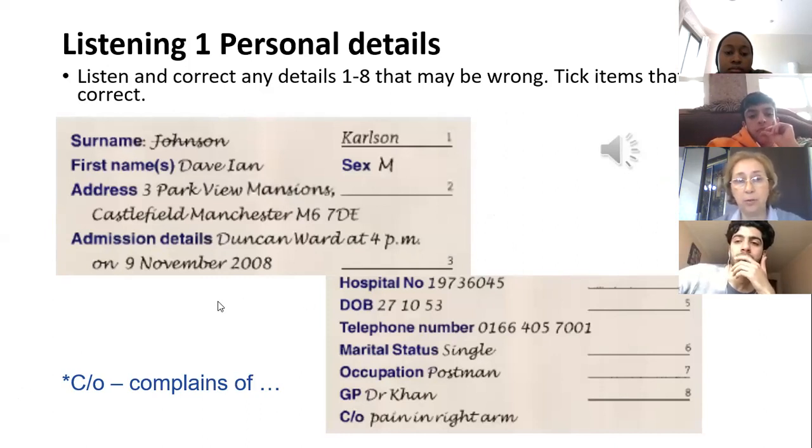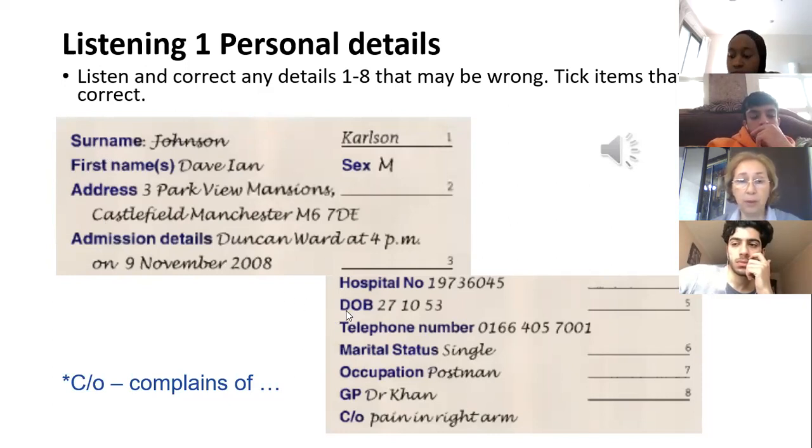We are going to listen to the conversation between the patient and receptionist, or maybe it's a nurse. The task is to listen and correct any details that may be wrong and tick the items that are correct.